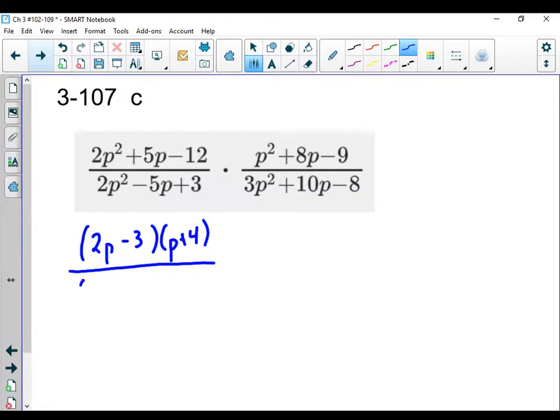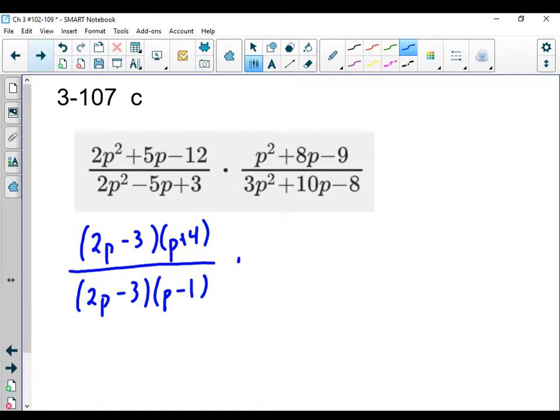And if we factor in the denominator, this time we need 3, so it looks like negative. Can we factor that one? So we need negative 3 and negative 1. Okay, so we have those two factors.